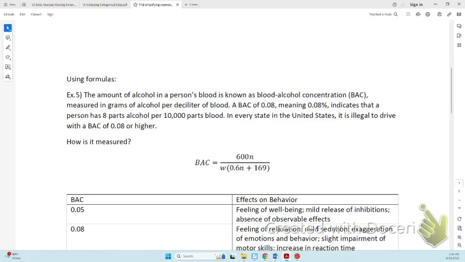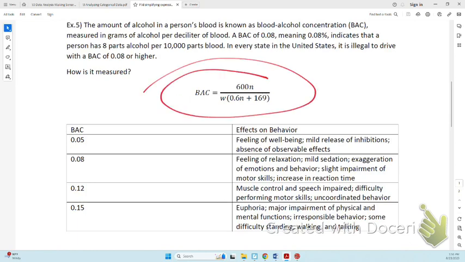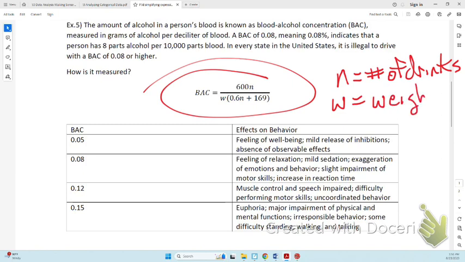Our textbook is very college, and they're trying to warn people away from drinking and driving, I believe. So they came up with this formula for blood alcohol level, and it's based on 2 variables, N and W. N is number of drinks, and W is the weight of the person.